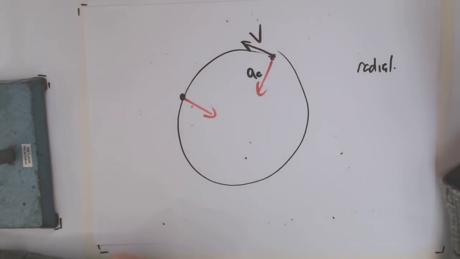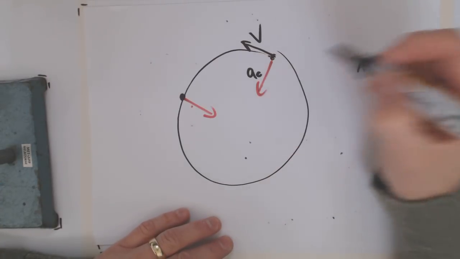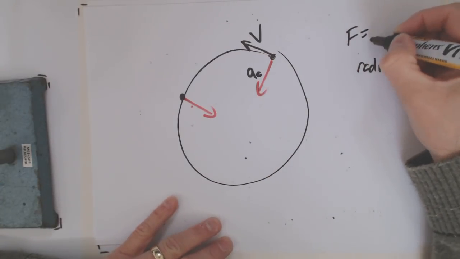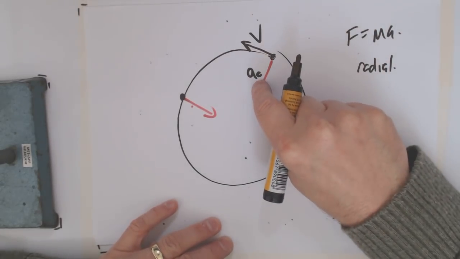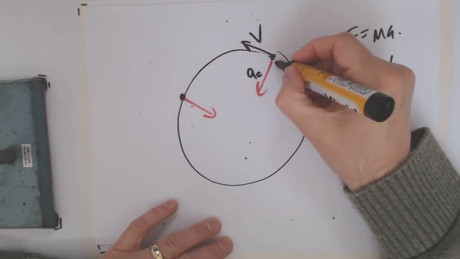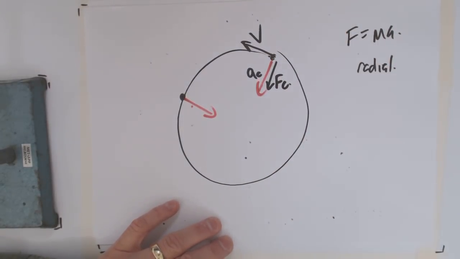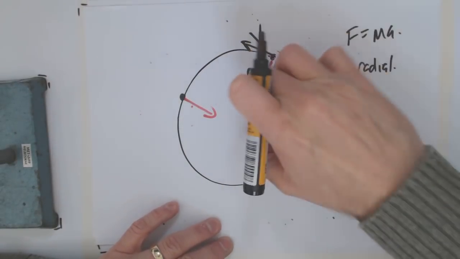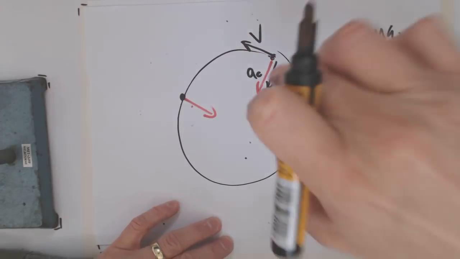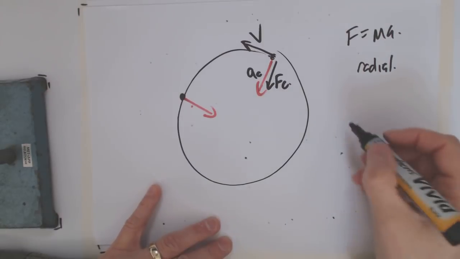So it's centripetal acceleration, it needs a force towards the center. So force equals ma. So if we've got an acceleration towards the center, we must have a force towards the center. We'll call it FC, centripetal force. So we have a velocity tangential, we have an acceleration towards the center, which means we have a force towards the center.